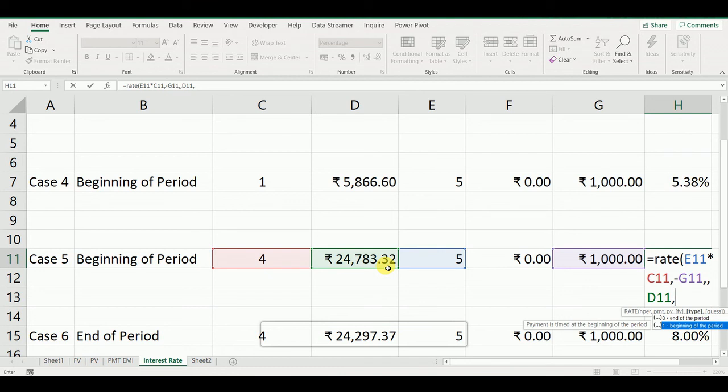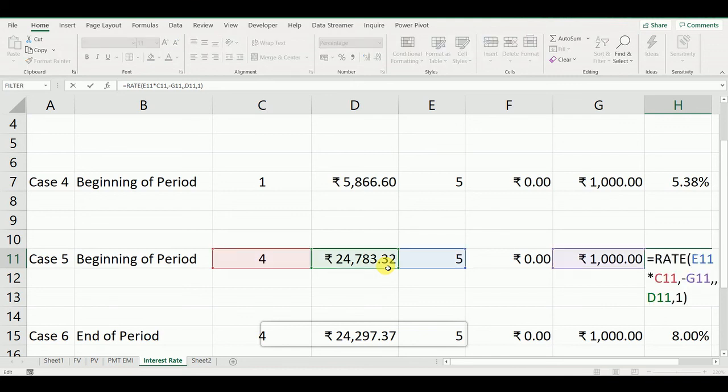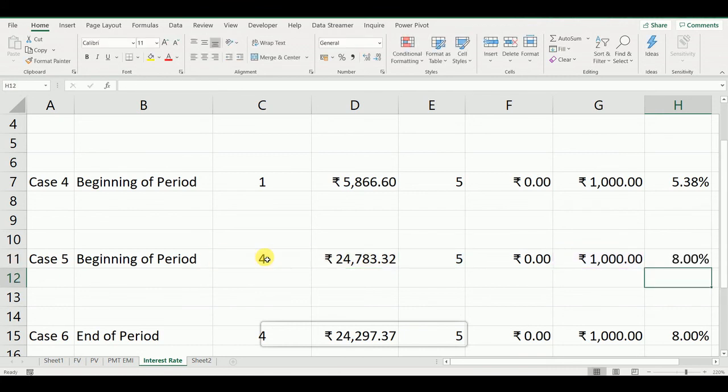So we'll select 1, and close the bracket. But here we are getting 2% because this interest is quarterly. So yearly, we have to multiply by compounding. So this is the rate of interest yearly.